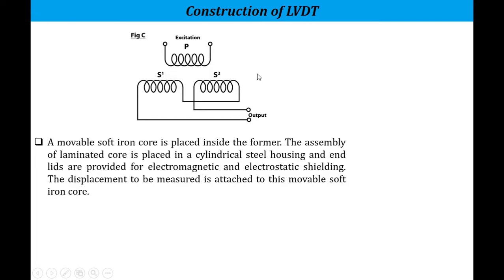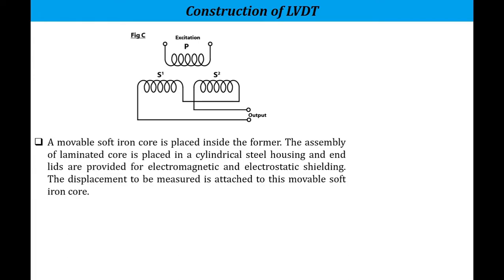Here, a movable soft iron core is placed inside the former. The assembly of a laminated core is placed in a cylindrical steel housing, and end leads are provided for electromagnetic and electrostatic shielding. The displacement to be measured is attached to this movable soft iron.